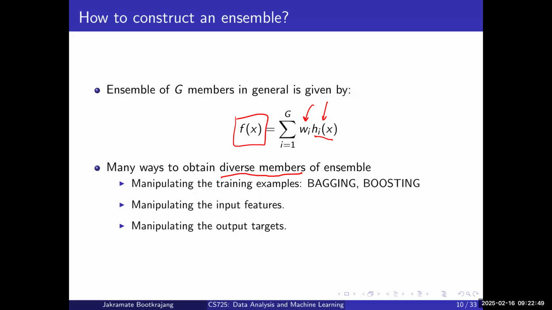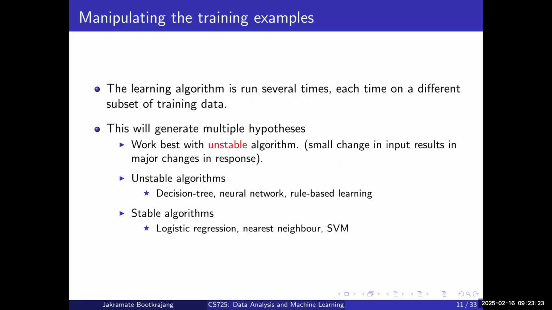You can also manipulate the output target. This is useful when you have multiple classes, because in general, when you have multiple classes, it is harder for the classifier to predict compared to having just two classes. We will look at all these three paths in detail in this class. So let's start with manipulating the training examples.